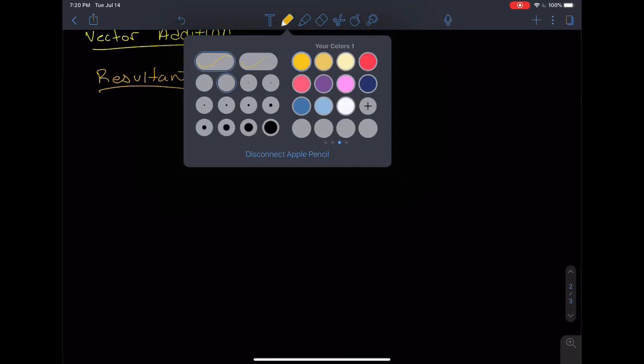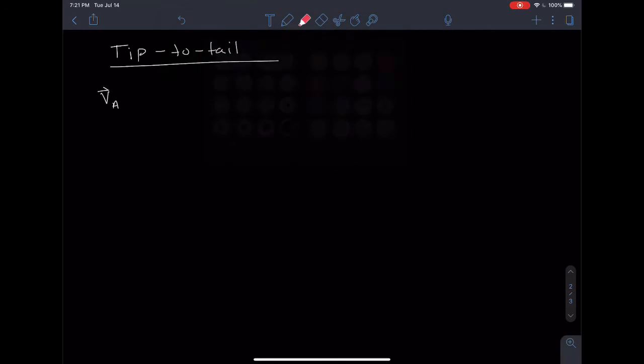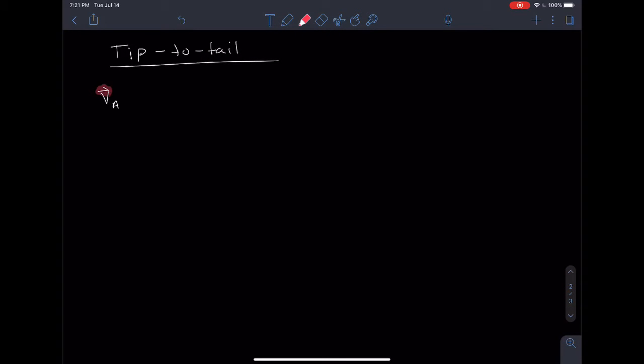Let's talk about the first way we might add vectors together, which we call the tip to tail method of vector addition. Whenever we want to denote a vector, we always use this little arrow.